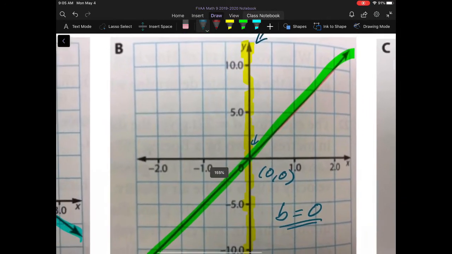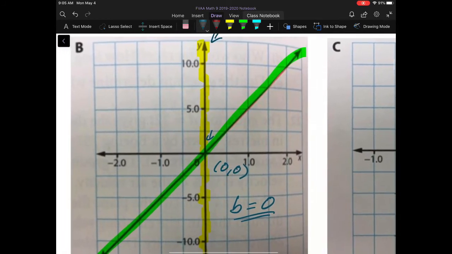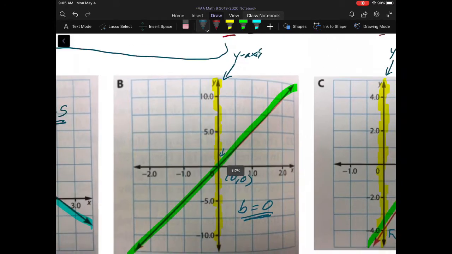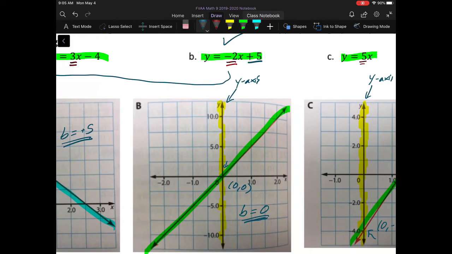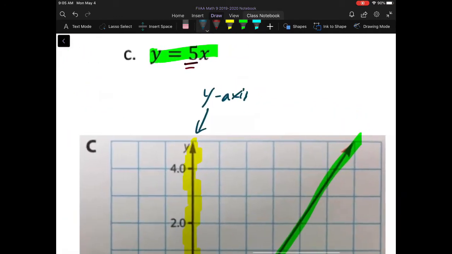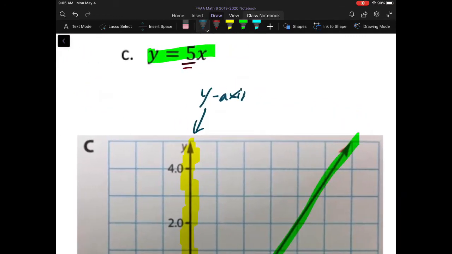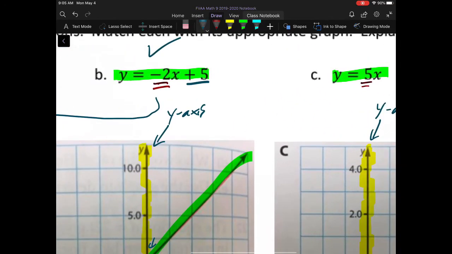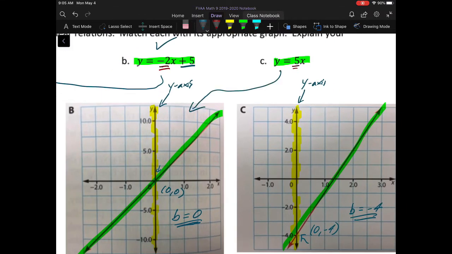Let's look at our next graph here. Graph B gives us a b value of 0. Well, which of these equations has a b value of 0? The answer is C, right? Here, because there's no plus or minus anything, that means b is equal to 0. So C would be this graph here.